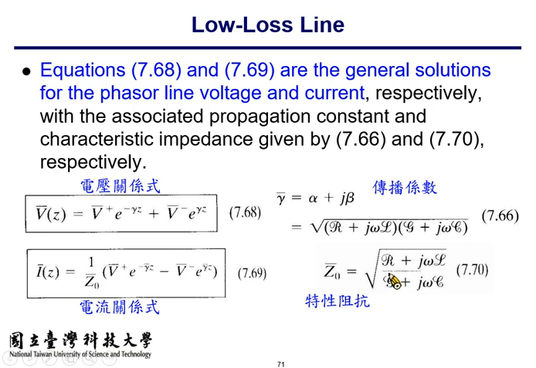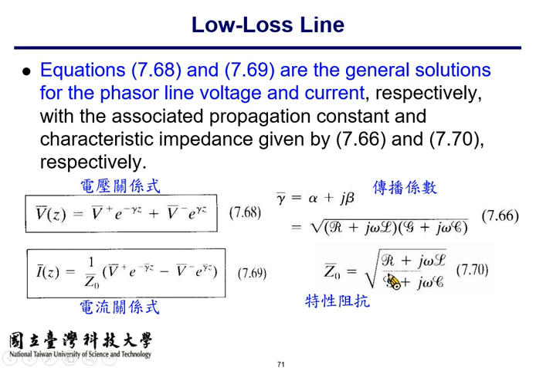So what is the significance of a characteristic impedance that is a complex number? It suggests the voltage and current on the transmission line differ not only in magnitude ratio.